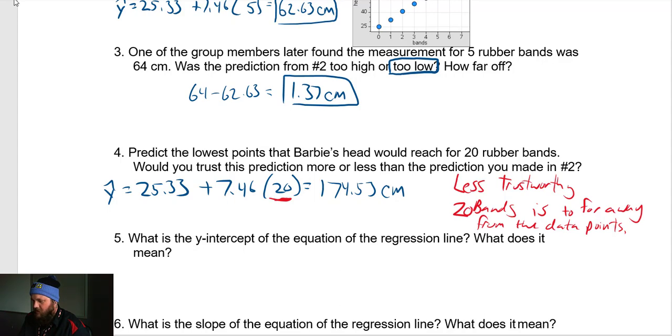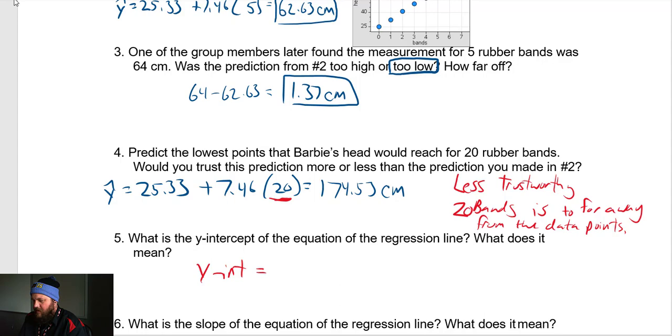The y-intercept of the equation of the regression line, what does it mean? Hopefully you understand that our y-intercept is simply 25.33.